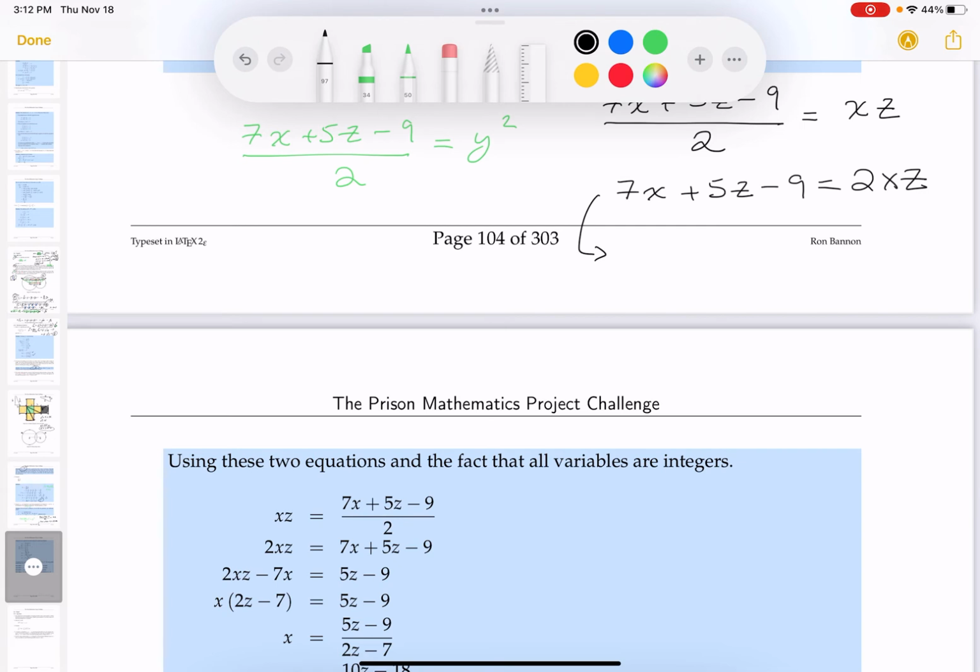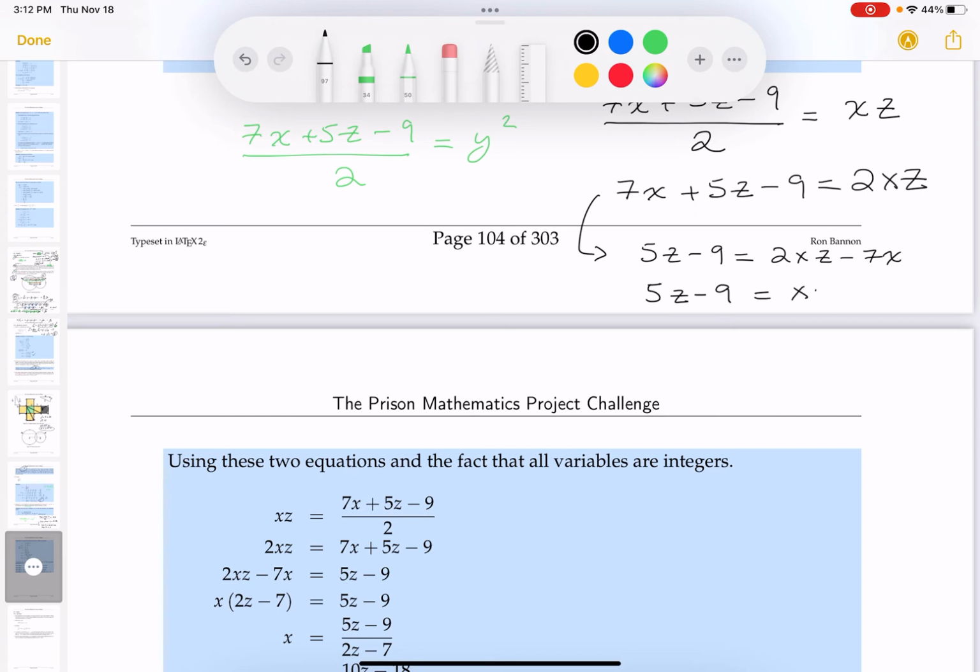I'm going to put down 5z minus 9. This could be a dead end, by the way. 2xz minus 7x. Well, I've got the x on one side. Let me start it right. 5z minus 9, 2xz minus 7x. I'm going to factor out an x.